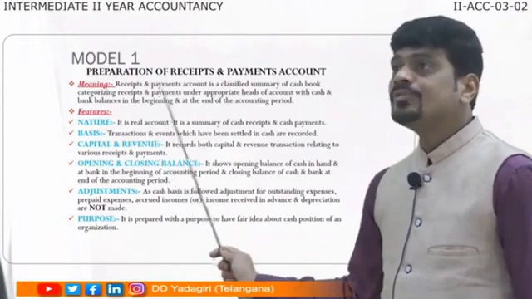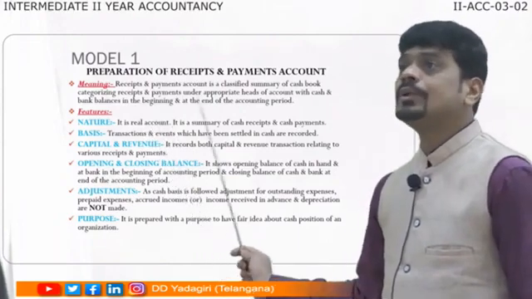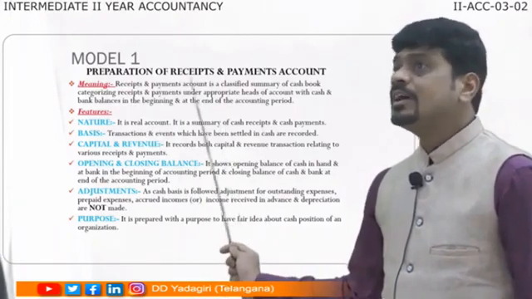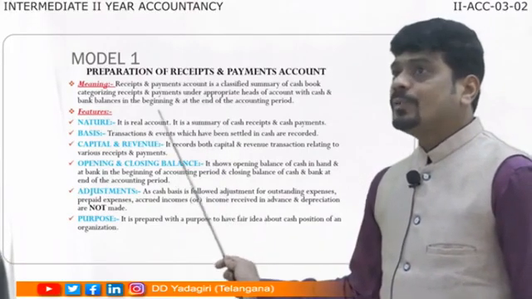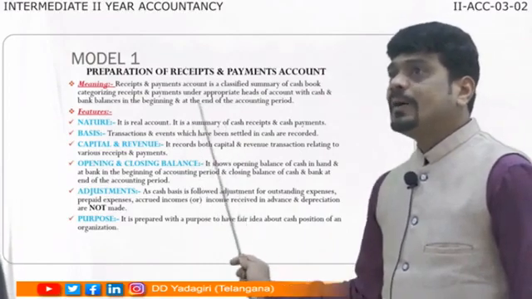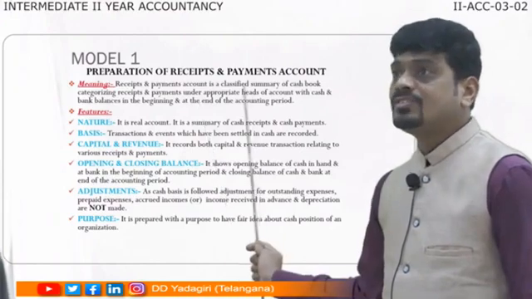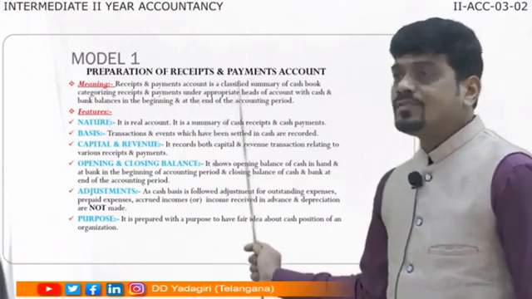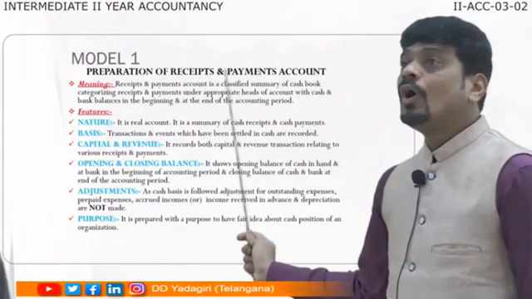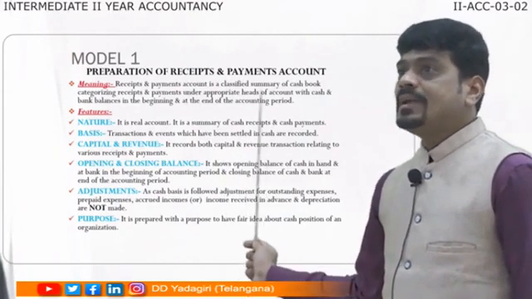Here we are not going to maintain a two column cash book. Please do keep in mind, it is just similar to your single column cash book. So receipts and payments account is nothing but a summary of transactions, or cash book we can say. And in this we record all the receipts and payments.